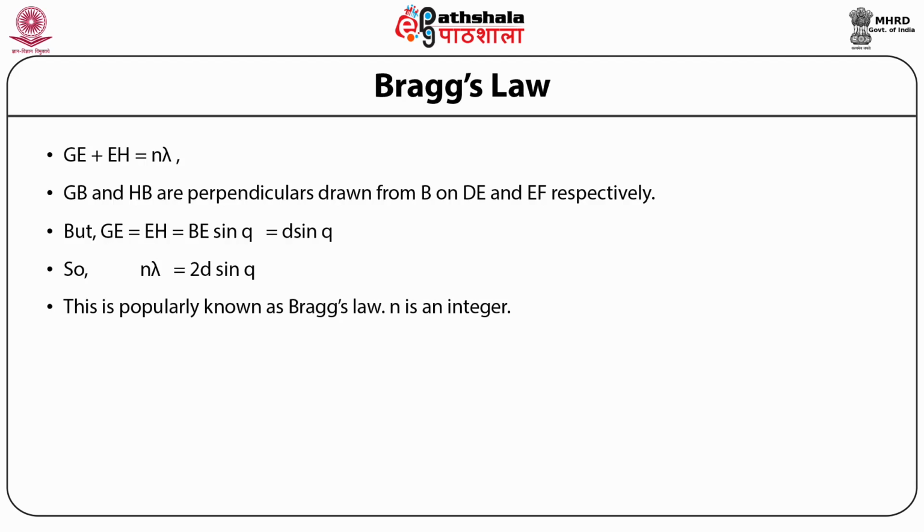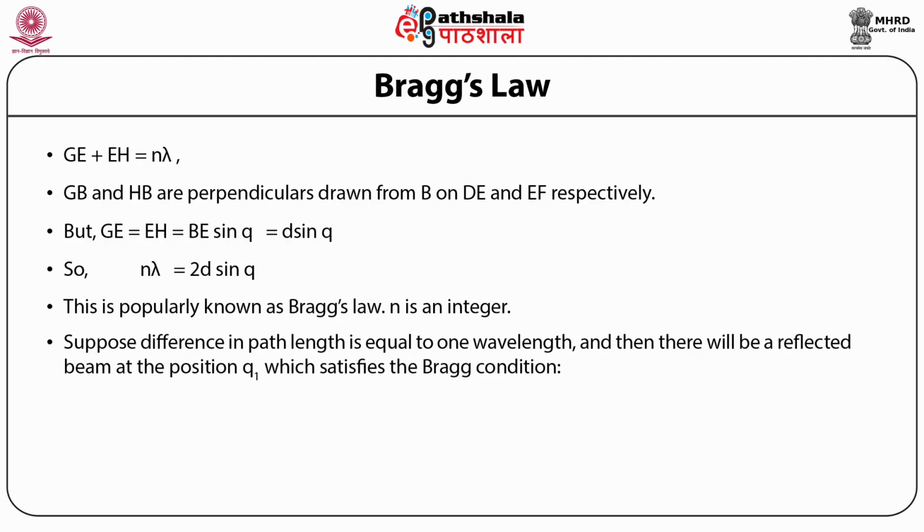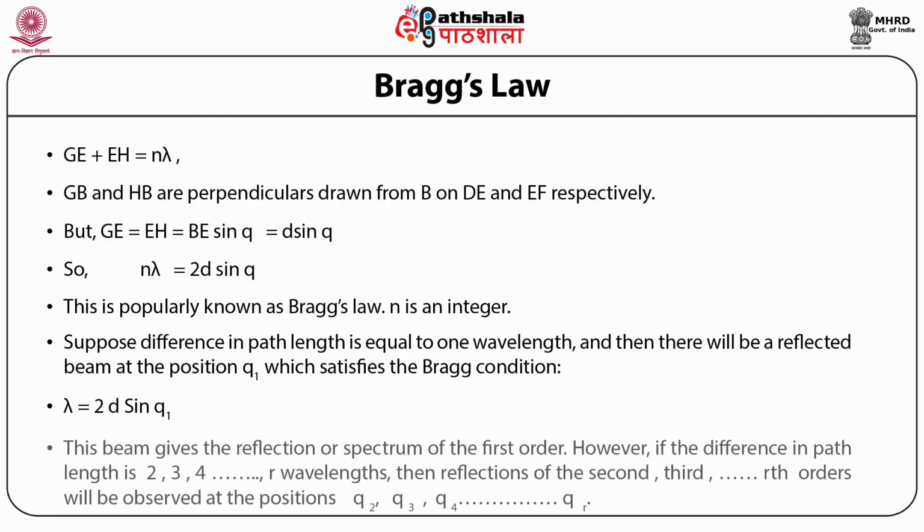n is an integer. Now suppose the difference in path length is equal to one wavelength; then there will be a reflected beam at the position theta 1 which satisfies the Bragg condition lambda equals 2d sine theta 1. This beam gives the reflection or spectrum of the first order.